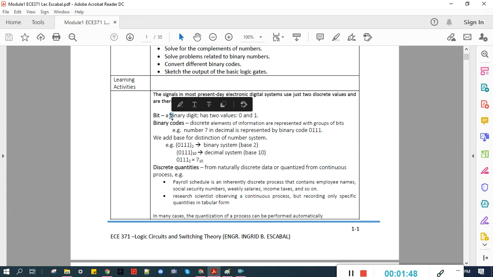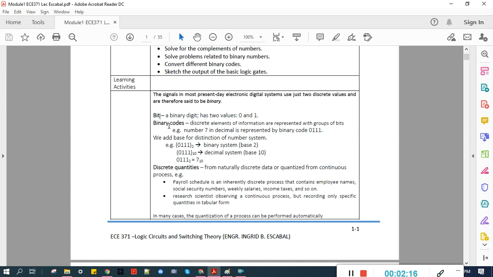B is for binary and IT is for the last two letters of the word digit. So binary digit is shortened to the word bit. A bit has only two possible values, which is 0 and 1.